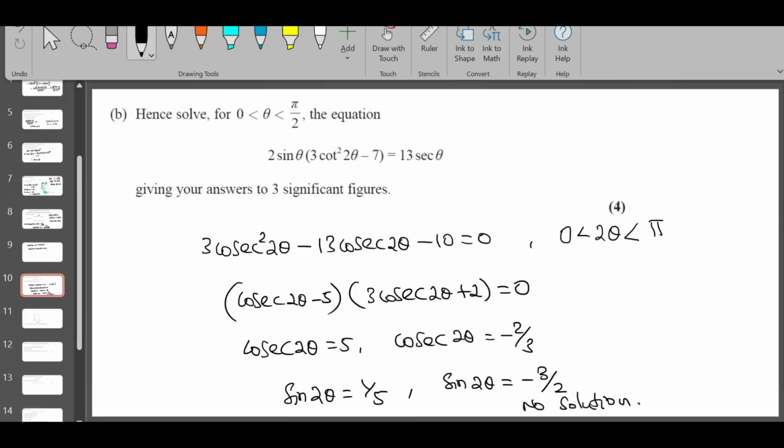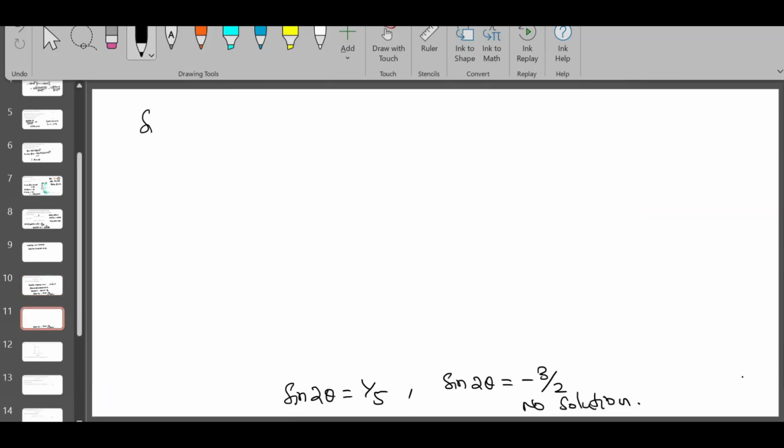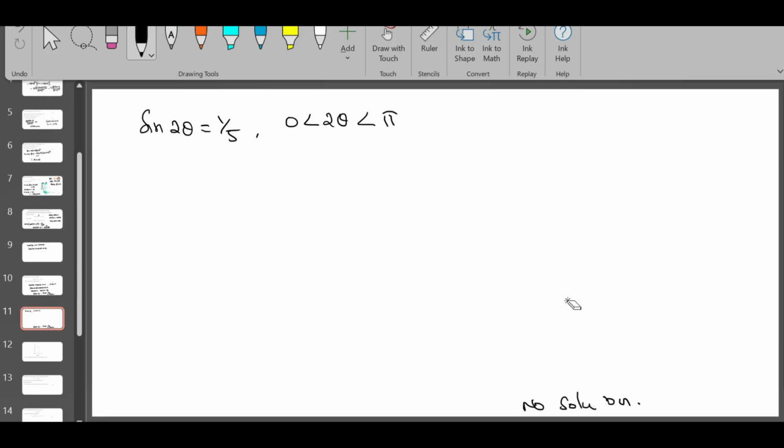So we just need to solve only one equation, right? So I'm going to take the equation separately. Sine 2 theta is 1 over 5, 0 is less than 2 theta is less than pi. We need to solve this using the method we have learned in Pure Math 2. First, find the principal value, sine inverse of 1 over 5 in radians.